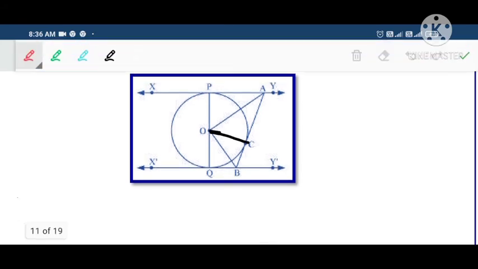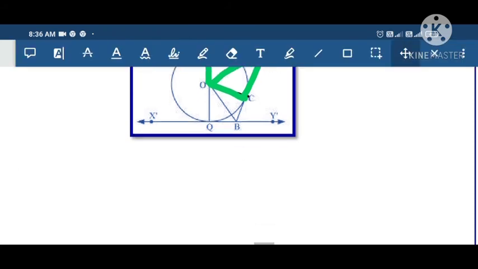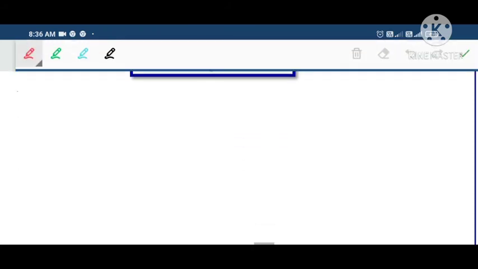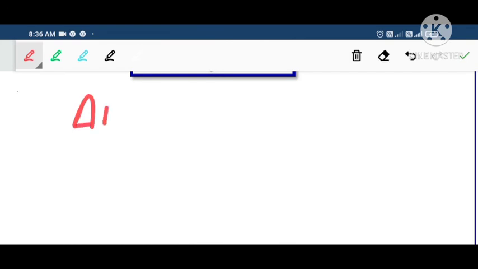I take these two triangles, triangle AOP and triangle AOC.